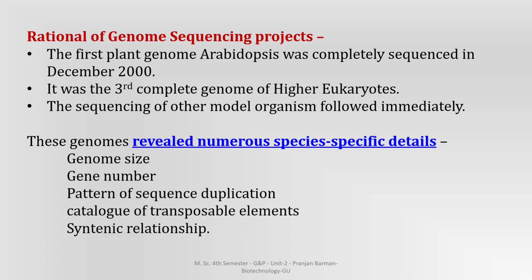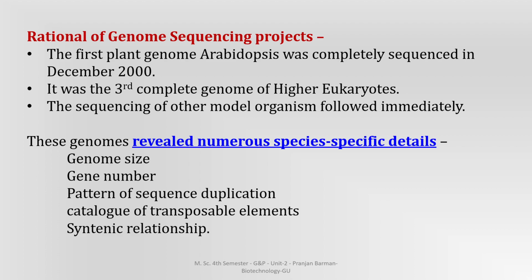Synteny relationship means comparative genomics. If you know the sequence of a grass, then you could take that information to study the genomes of many plants of the Gramineae family. Rice, barley, wheat, oats, all are in the family Gramineae.